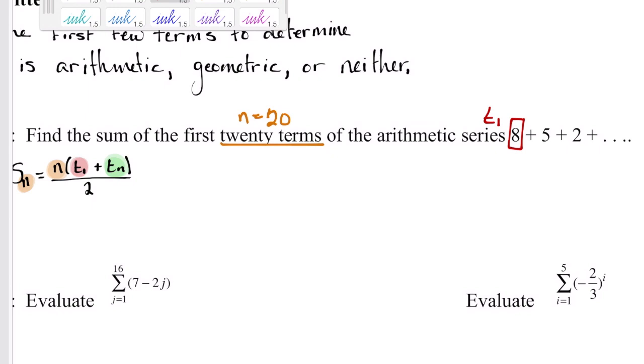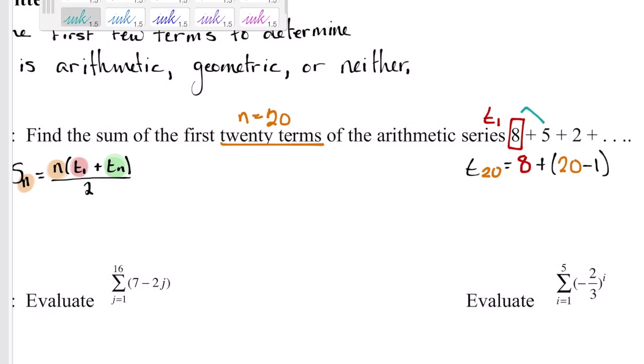So I need to figure out what that 20th term is, and I can figure it out using the t sub n formula. Since I know we're looking at the 20th term, and I know it's arithmetic, I'm doing that t sub n formula for the arithmetic sequence. So it'll be 8 plus 20 minus 1, and then I have to multiply by the common difference.